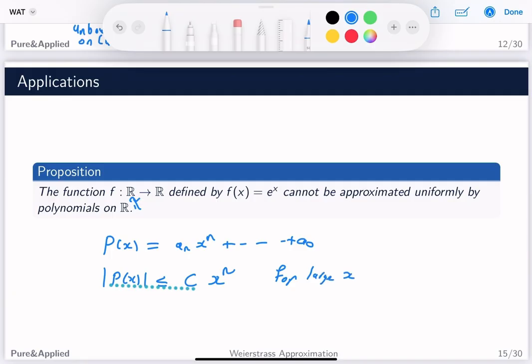Then we're done, because you can observe that e to the x could be made bigger than this for large x.